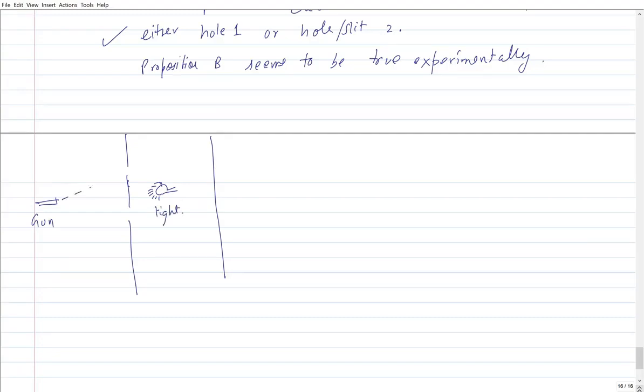An electron passes through this. Let's say I launch the electron. There's a flash of light. It deposited itself on the screen. This is electron number 1. Let's say number 2 for the electron number 2 in my experiment. I see a flash of light here, and it deposited over here. So click, click, click, click. This is what is going to happen, and they are going to deposit on the screen.